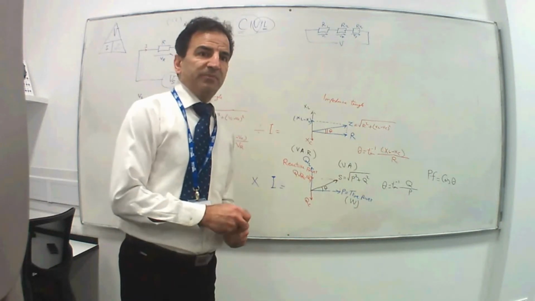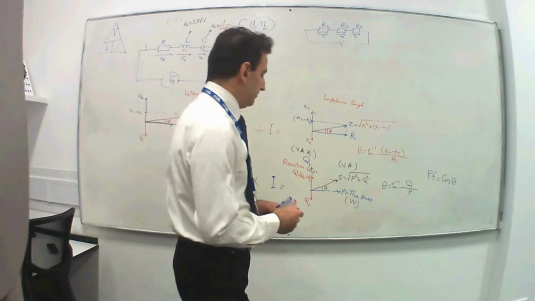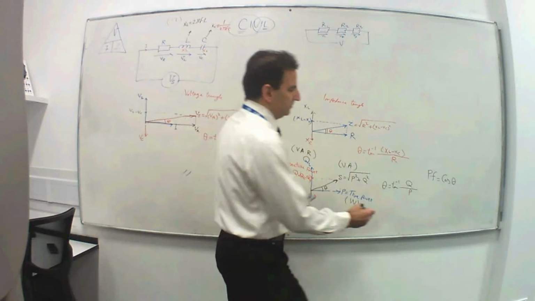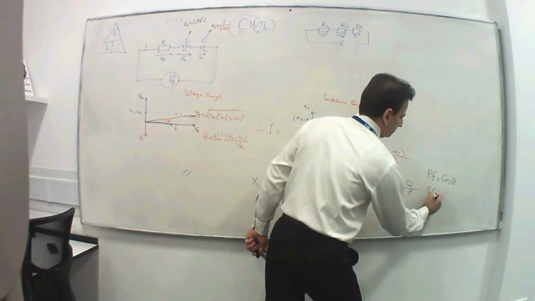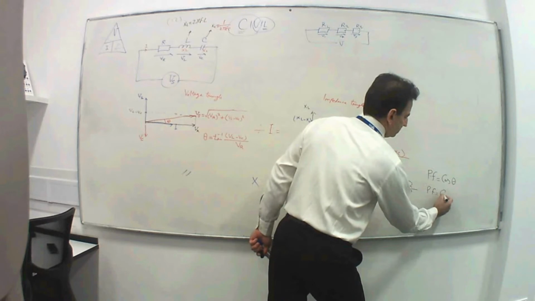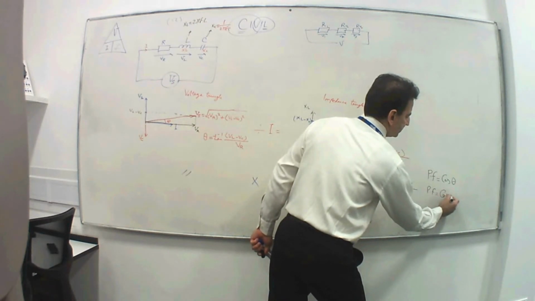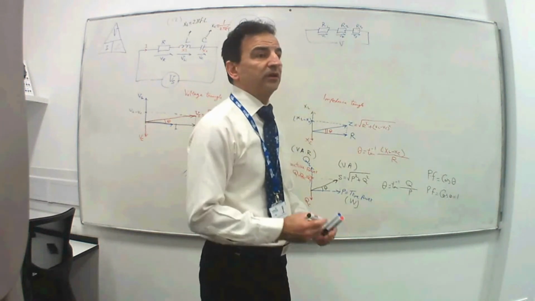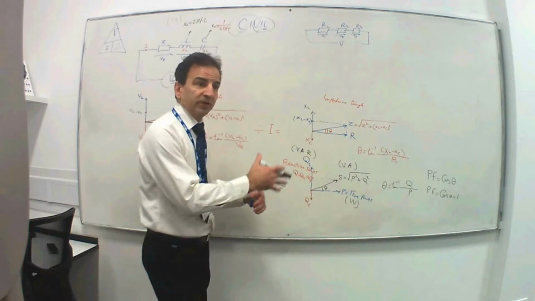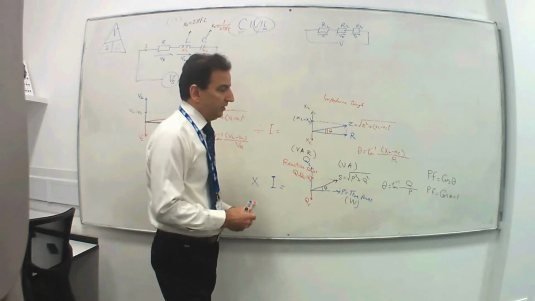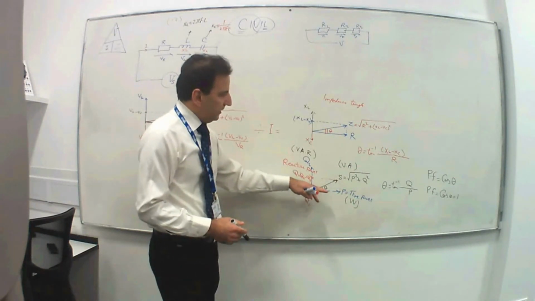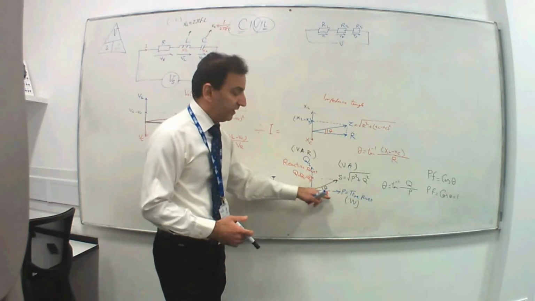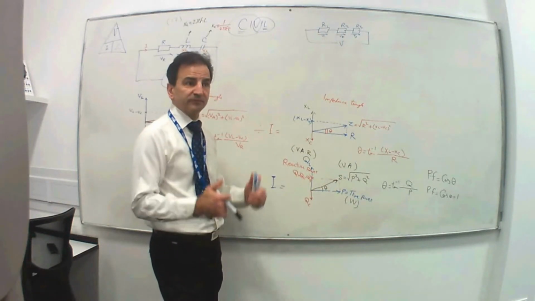That's where power factor unity comes in, because if the phase angle is 0, cos of 0 is 1, and that's where we want the circuit to operate, because in that situation you're actually paying for what you're using. Right?